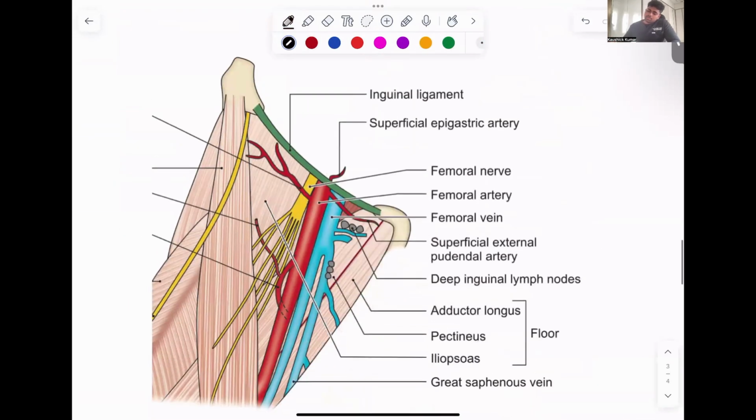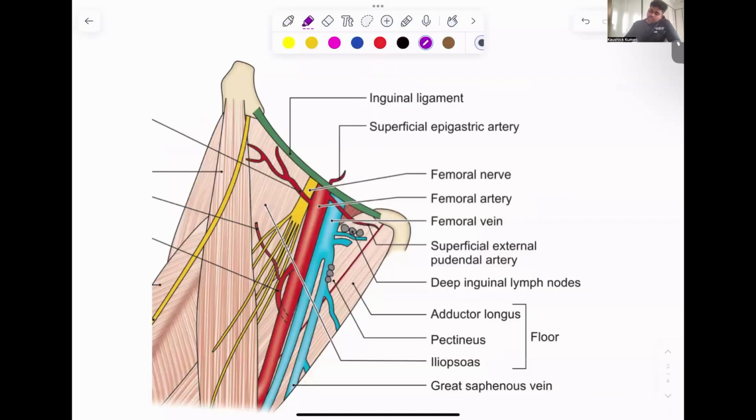In this image, everything is seen very clearly. So this is the inguinal ligament, and this is ASIS, pubic tubercle, and somewhere here would be pubic symphysis.